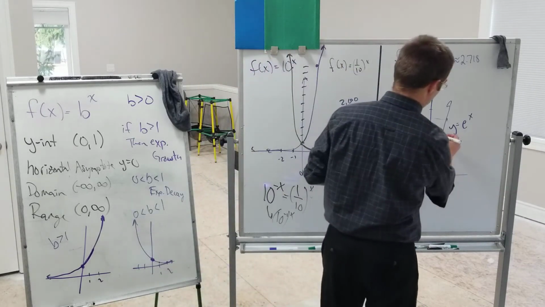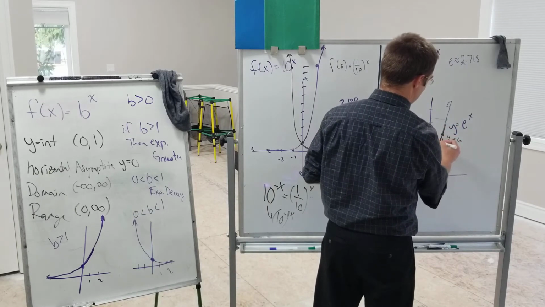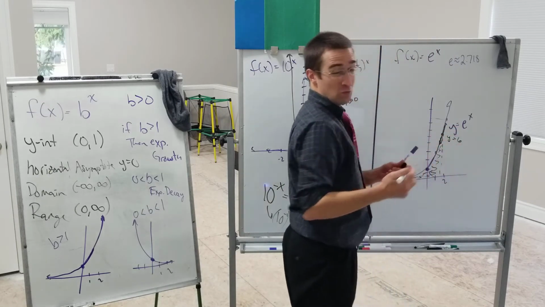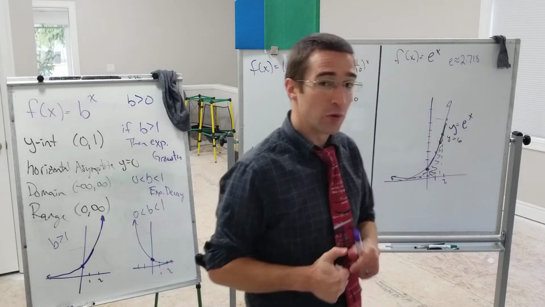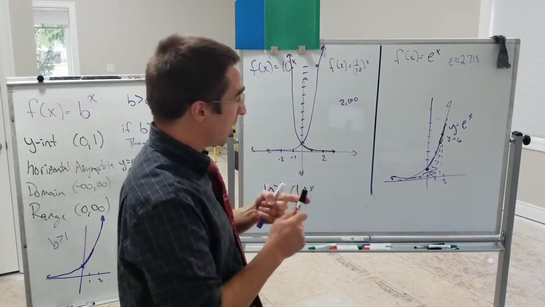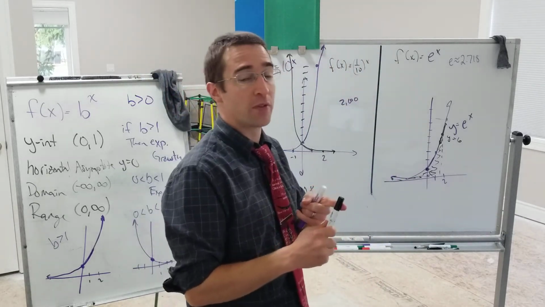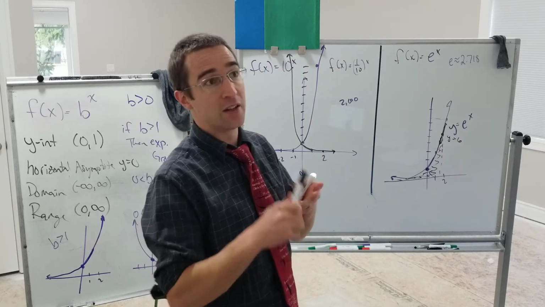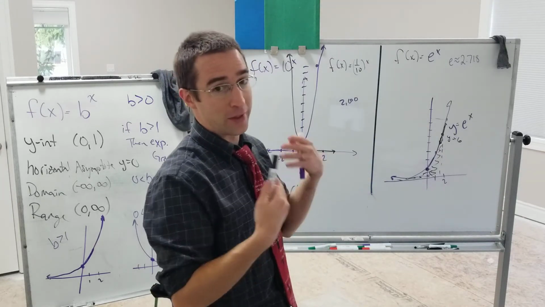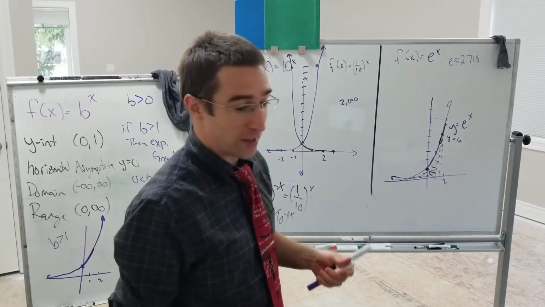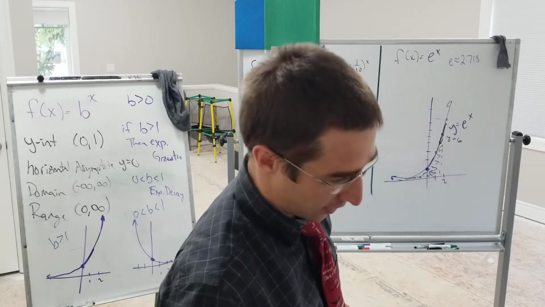And the slope of the tangent line to this curve right here is 6. It's a really, really cool function where every y value represents the slope of the curve at that point and the area under the curve to the left of that point. It's really helpful in calculus.